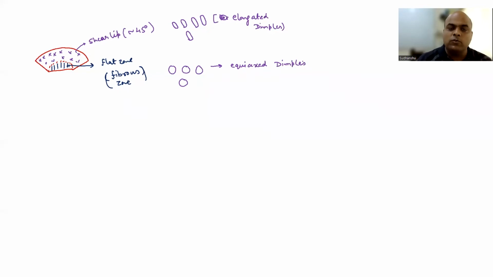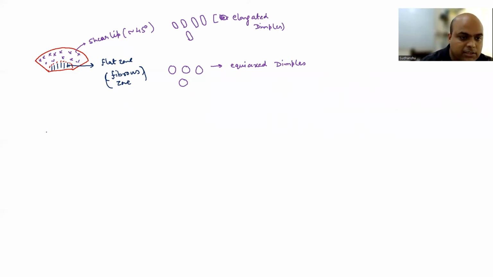Okay, so in cup and cone failure, if you observe the fracture surface, you are going to see at the center, which is almost flat, it will be fibrous zone or flat zone, where you will see the dimples which will be equiaxed. And if you remember, each dimple is going to also contain inclusions, right? Now, if you see the shear lip, then your dimples are going to be elongated.